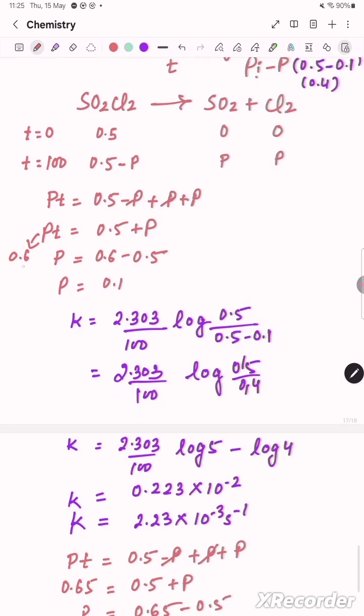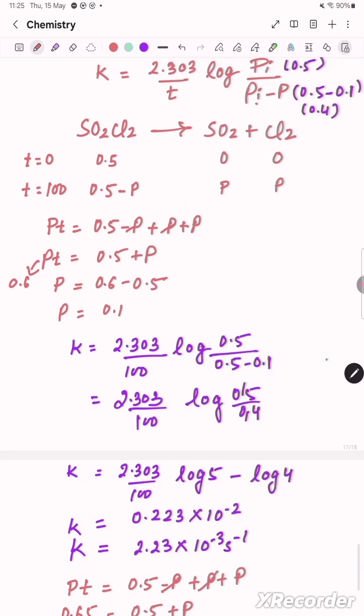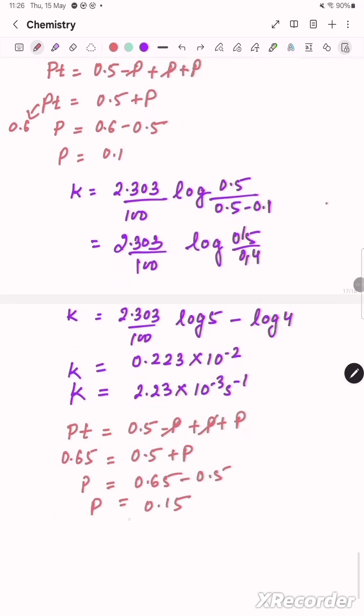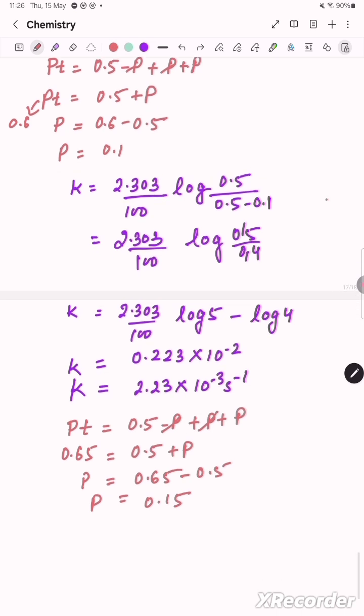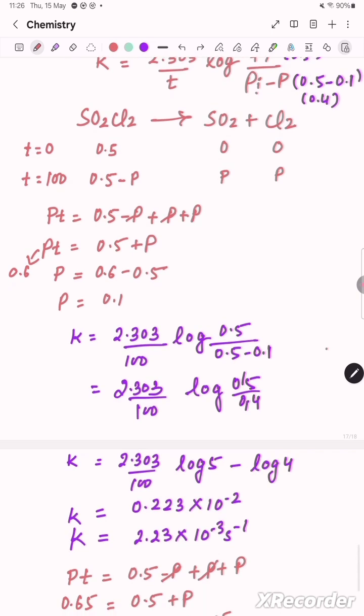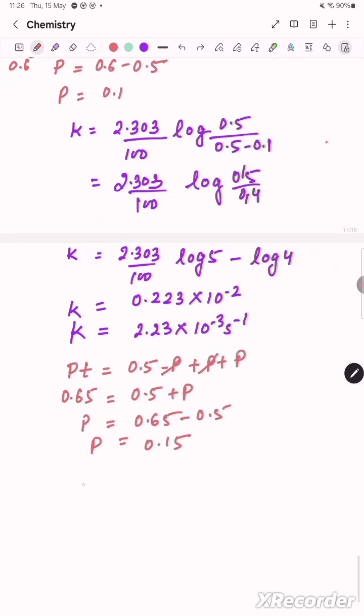Earlier total pressure was 0.6, and here it is 0.65, so we calculate P equal to 0.15. Now the pressure of SO2Cl2 is equal to Pi minus P, that is the remaining pressure.